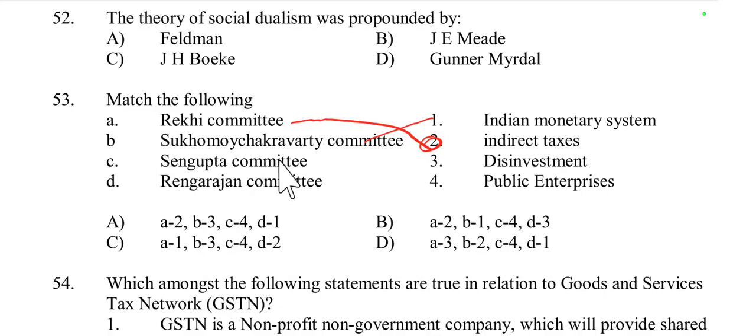The Sengupta committee is related to public enterprises. Then the Rangarajan committee is related to disinvestment. So A to 2, B to 1, C to 4, D to 3, option number B.